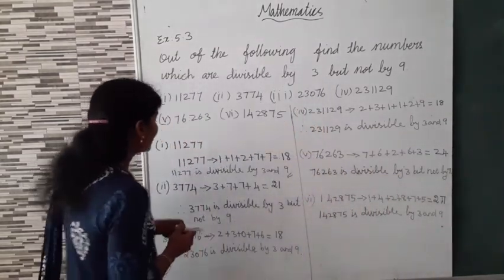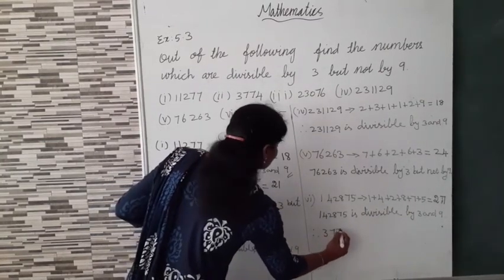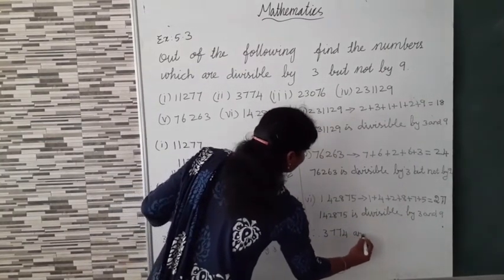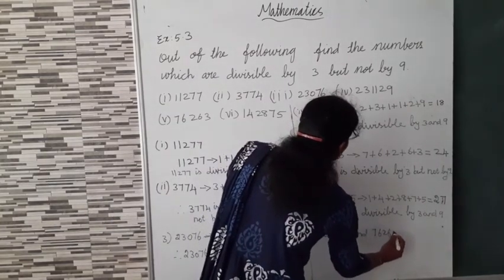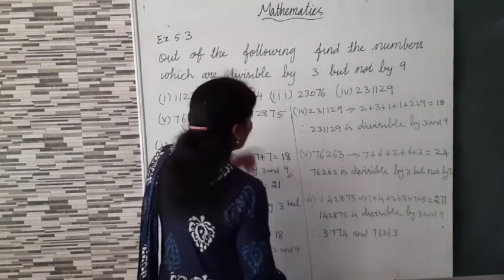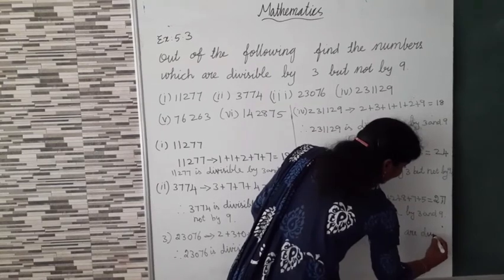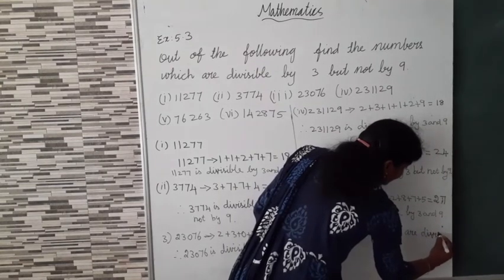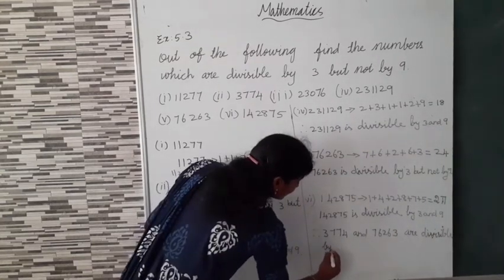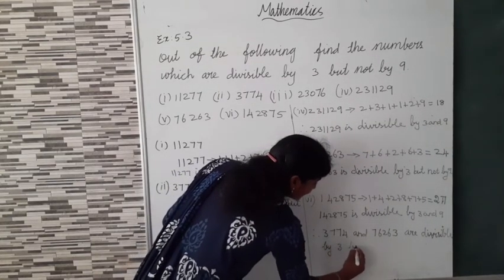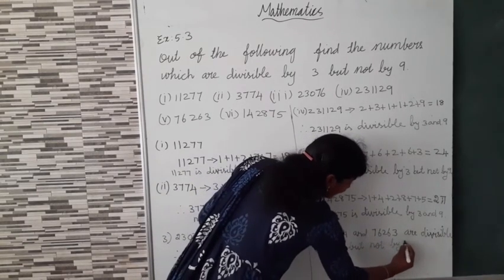So what are the numbers? Therefore 3,774 and 76,263 are divisible by 3 but not by 9.